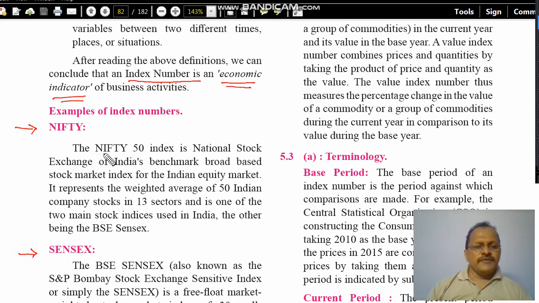Nifty 50 index is National Stock Exchange of India's benchmark broad-based stock market index for the Indian equity market. You heard this in news. Also, you might have heard Sensex. It is the BSE Sensex, Bombay Stock Exchange Sensitive Index, or simply Sensex.